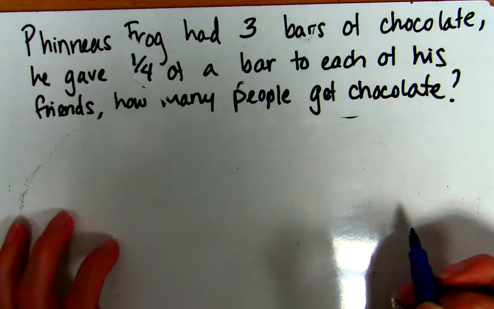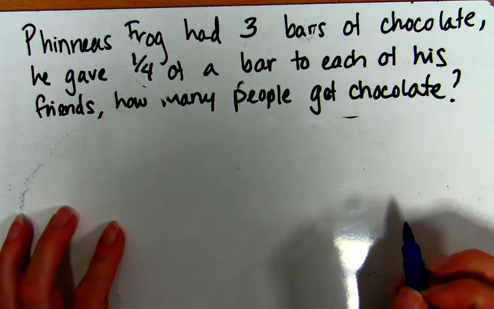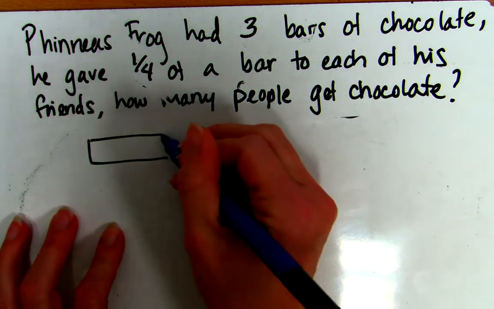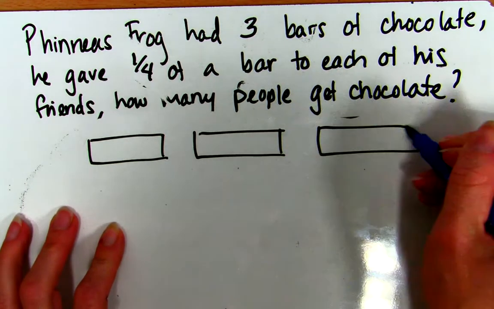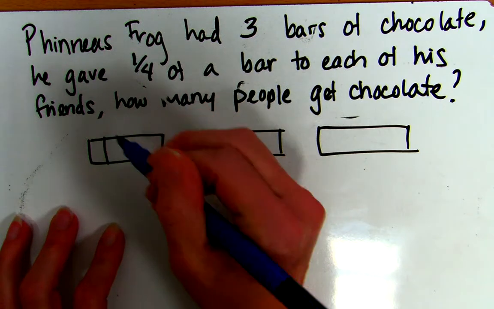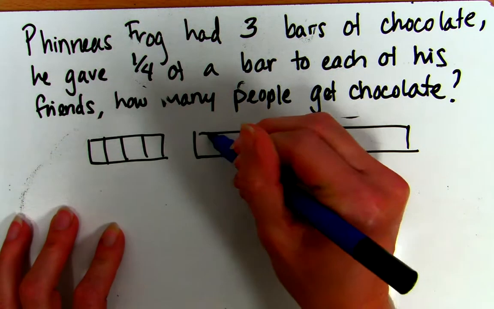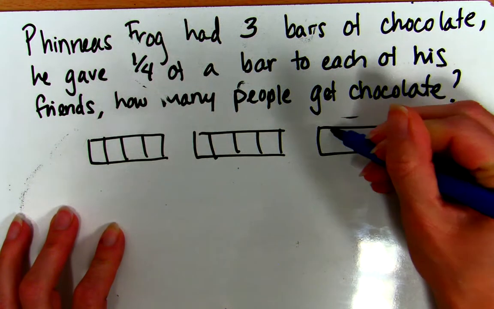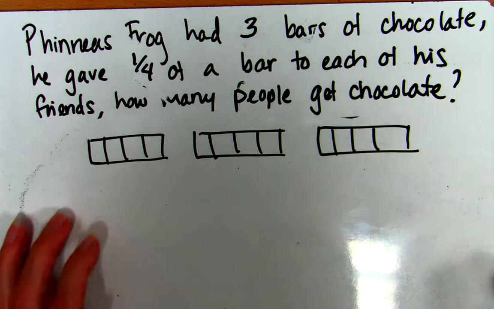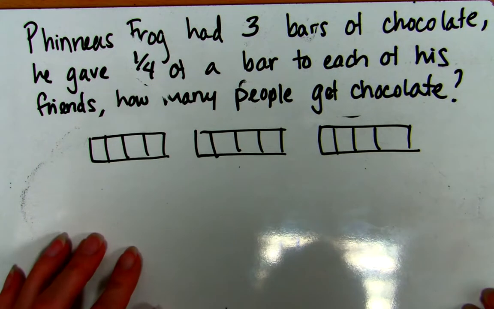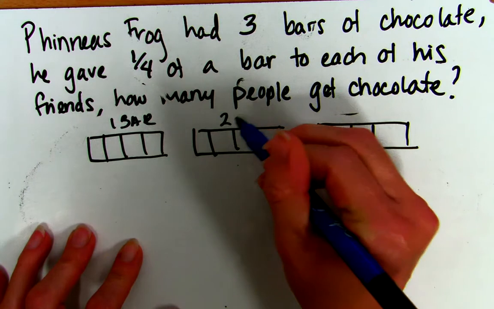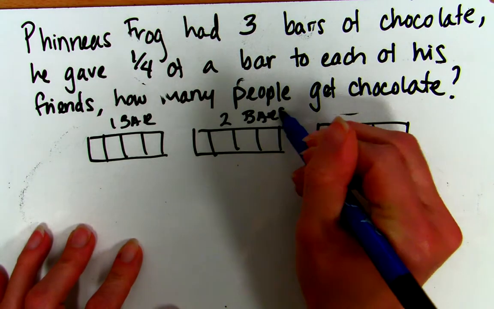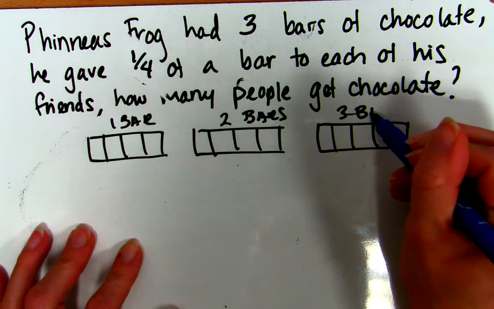So let's think about this. He's got 3 bars of chocolate, and 1/4 of a bar of chocolate is going to each friend. Okay, there's 3 bars of chocolate: 1 bar, 2 bars, 3 bars.